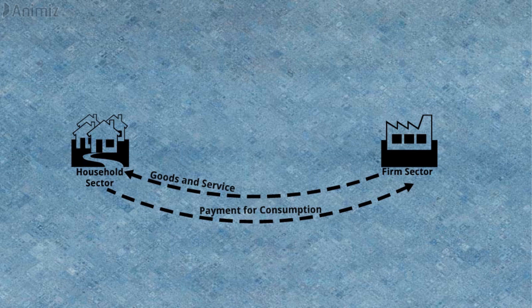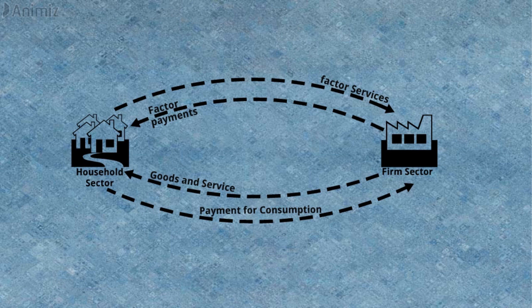Household sector not only consumes goods and services, they also provide factor services such as land, labor, capital and enterprise to the firm sector. Likewise, firm sector also makes payment for the services consumed from household sector. This payment is known as factor payment. This involves getting rent for land, wages for labor, interest for capital, profit for enterprises.